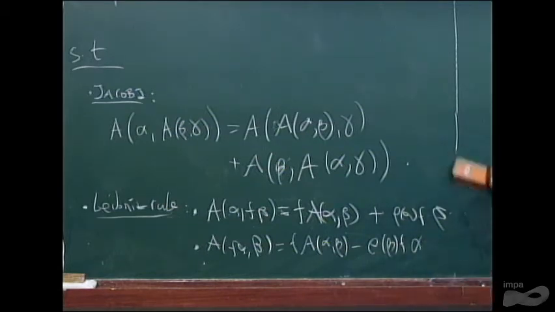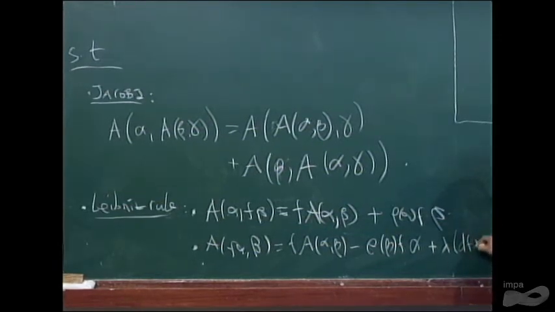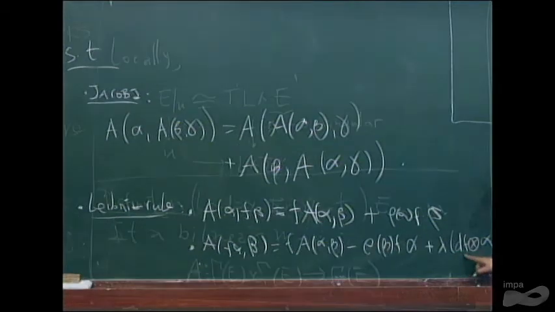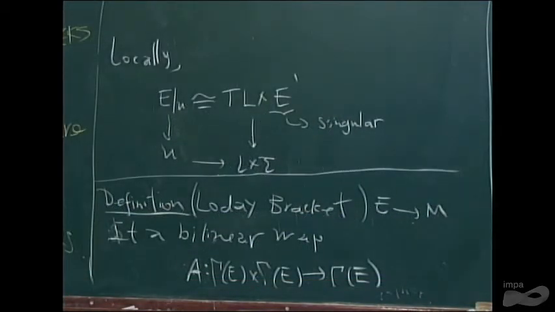But since A might not be skew symmetric, we want it to satisfy this condition with another tensor here. Let's just call it lambda in the differential of f times alpha times beta.